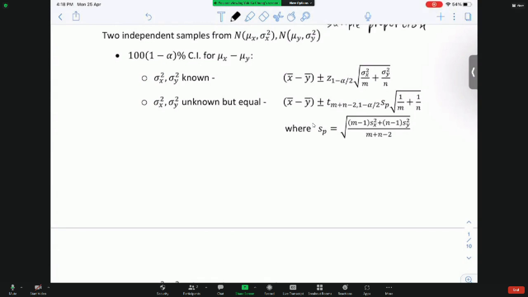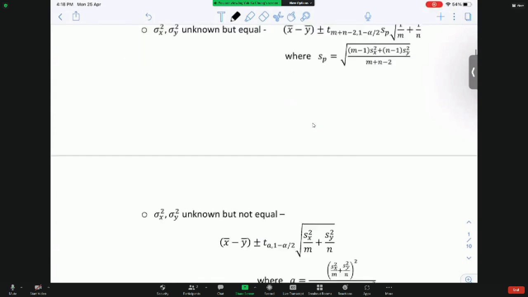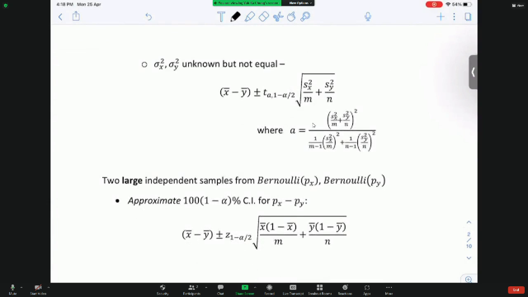And finally, we have a more complicated formula in case they are unknown and they are not equal. We cannot use the pooled sample standard deviation. So we simply replace sigma x squared and sigma y squared by the sample counterpart.